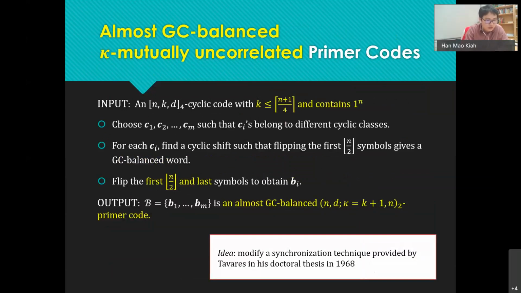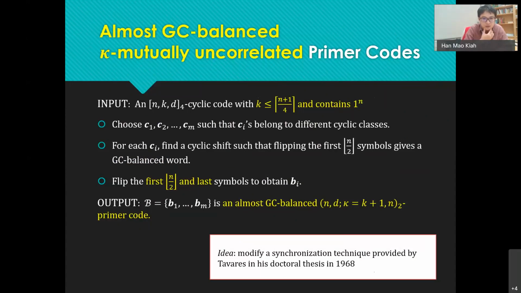What else? Now, to enforce kappa mutual uncorrelatedness, we need to enforce more conditions on the input codes. In addition to being cyclic, we need to restrict our rates to be at most 1/4, and also make sure that the codebook contains the all-one vector. Then we can make a small adjustment to our technique: in addition to flipping the first n/2 bits, we also flip the last symbol.